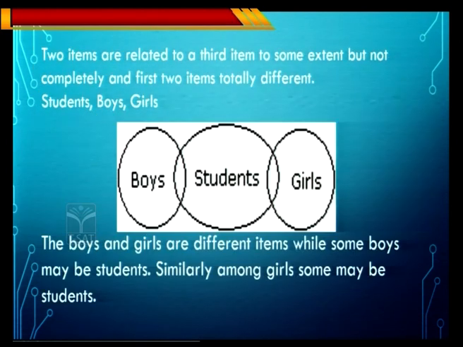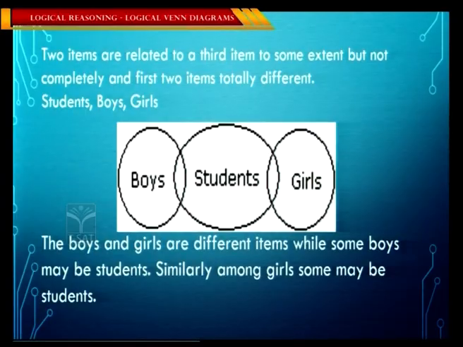Okay. Now, we will see another one. Two items are related to the third item to some extent, but not completely, and the first two items are totally different. The first two items are totally different, but both are related to the third item. For example, take students, boys and girls.